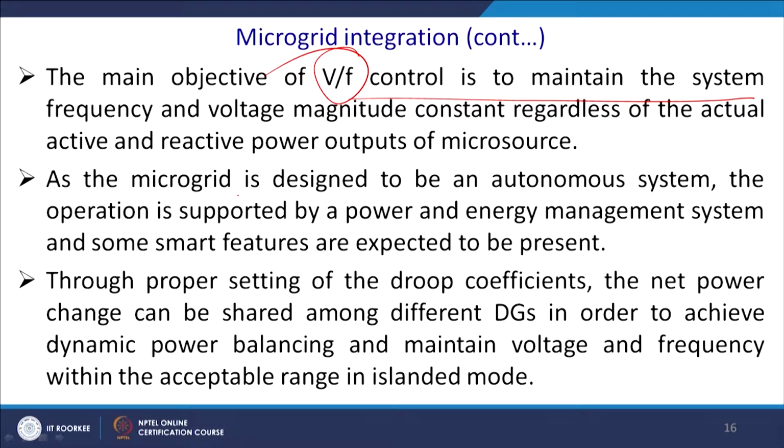As the microgrid is designed to be an autonomous system, the operation is supported by the power and energy management system, and some smart features are expected to be present. What happens if you do the V by F control? Assume that your power is low, and thus you have applied V by F control.